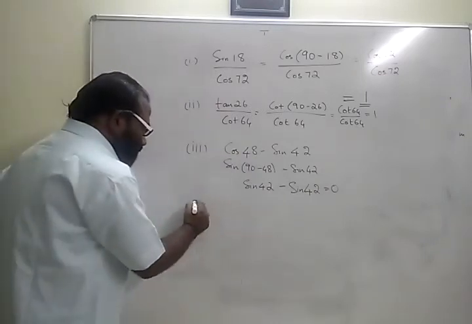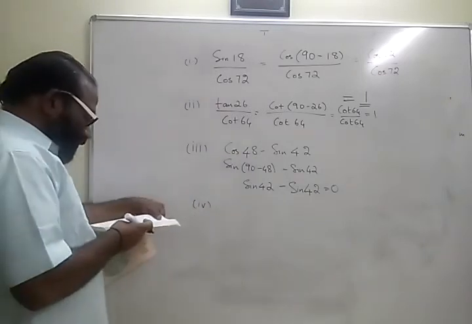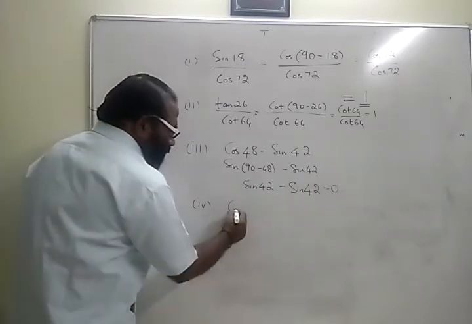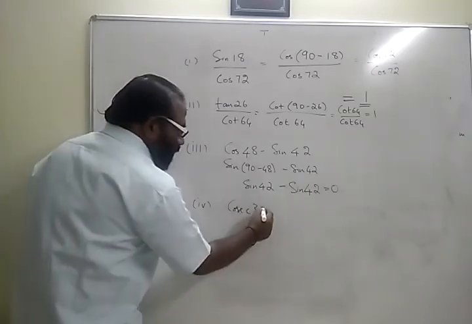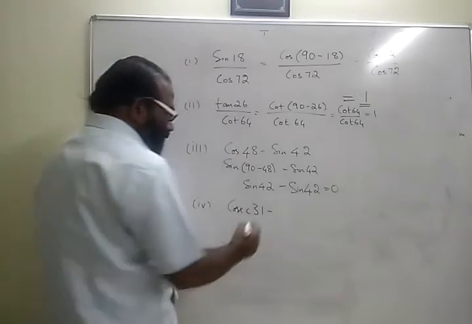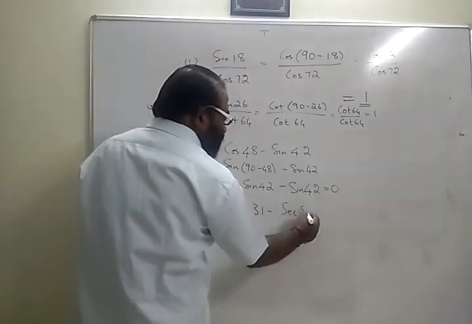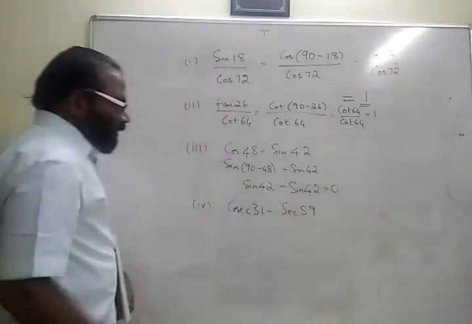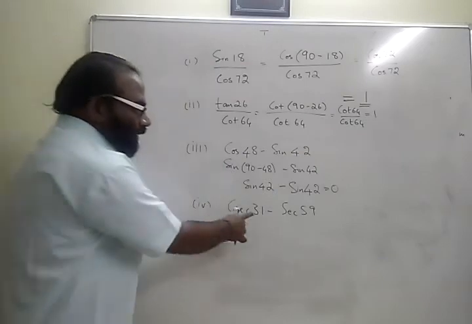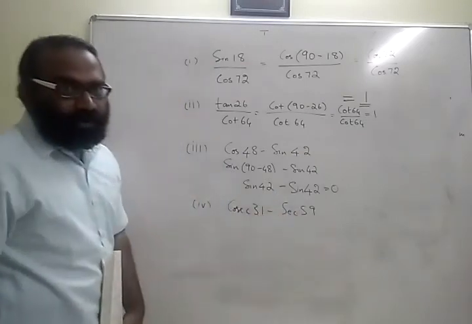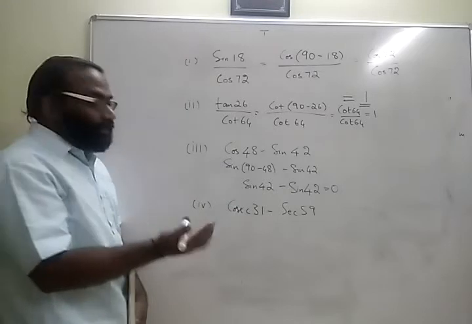The next one, cosecant 31 minus secant 59. Now same case here, 31 plus 59 is 90. So I have to use the same method.